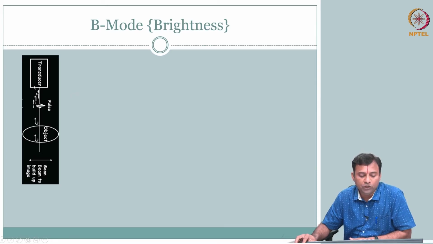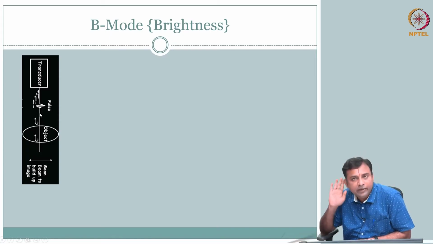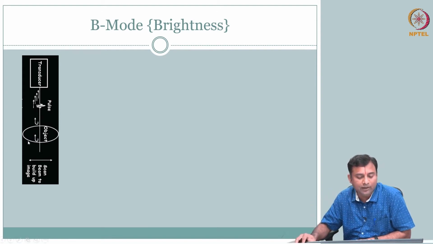So, I have to now step to some x1, y0, z0 and do the same thing. After your depth of penetration, you trace all that, you send the next pulse, go to the next location. So, I go left to right, I build my scan one line at a time.